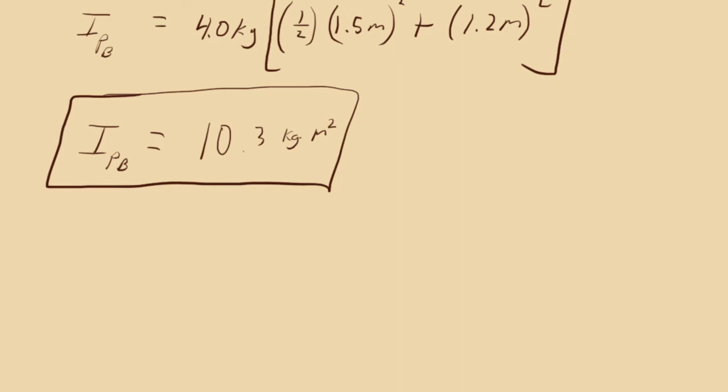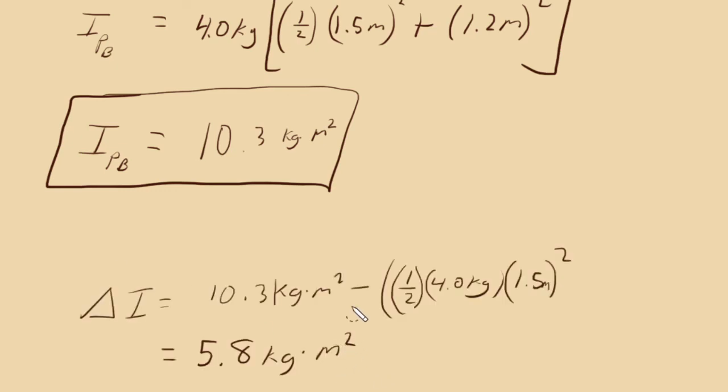That doesn't really give us much insight unless we compare it to something. So if we compare it to the moment of inertia at point A, which is our 1/2 mass r squared, and we take the difference between the two, we could see that we had a change in moment of inertia of 5.8. So as we move away from the center of mass, our moment of inertia is going to increase.